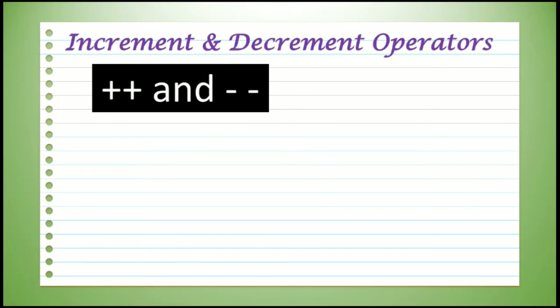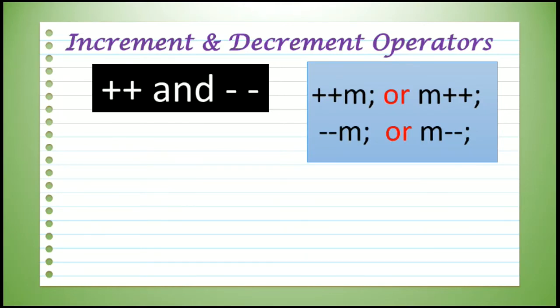The operator ++ adds 1 to the operand, while -- subtracts 1 from the operand. Both are unary operators, that means used on a single operand, and it takes the following form, that is ++m or m++ for the increment, and for the decrement operator, --m or m--.